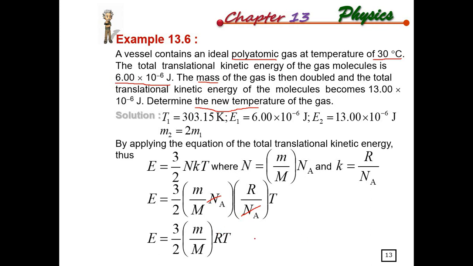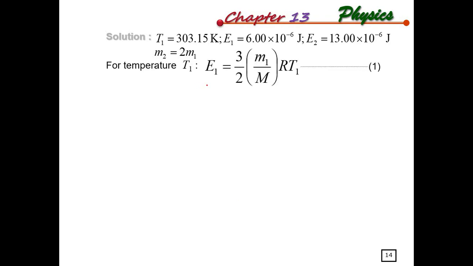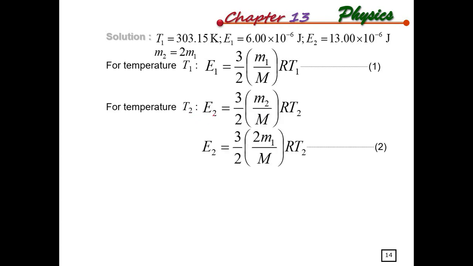So just put the numbers in the equation. For the temperature T1, E1 equals 3/2 times m1 over M times R times T1. And then for the temperature T2, when it is doubled, E2 equals 3/2 m2 over M, and we know that m2 equals 2 times m1.